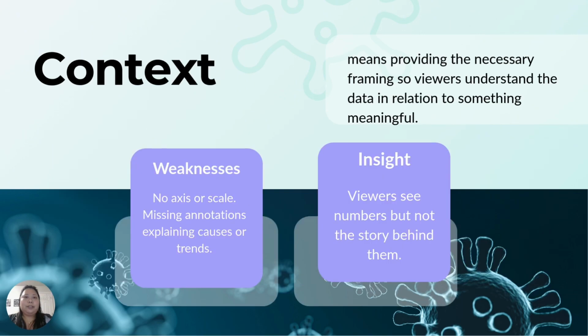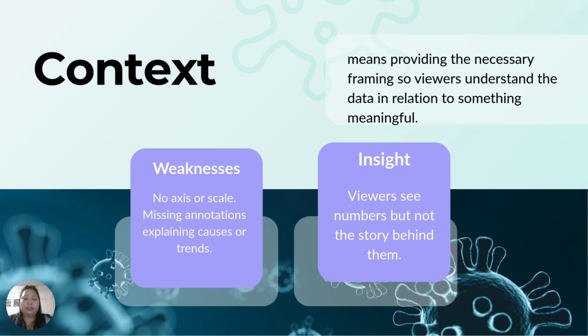I want to discuss first what the meaning of context is on this slide. For me, it means providing the necessary framing so viewers understand the data and its relationship to something meaningful. Without the context, the information is misleading. The weakness of this infographic is that there is no axis or scale, and no annotations explaining why death tolls differ.